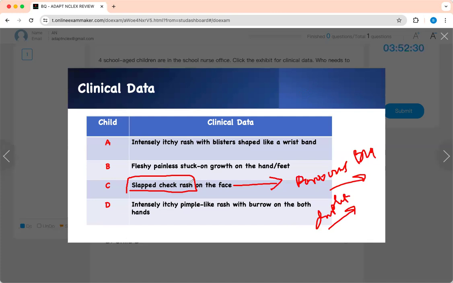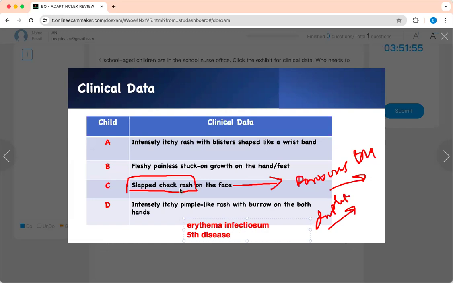But as soon as the rash comes, we say, yes, you have what we call erythema infectiosum. I will just type it and you see what it looks like. Erythema infectiosum is the name of the disease process. This is what we call fifth disease.